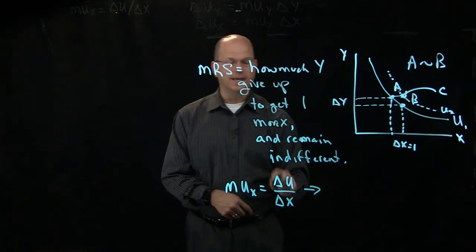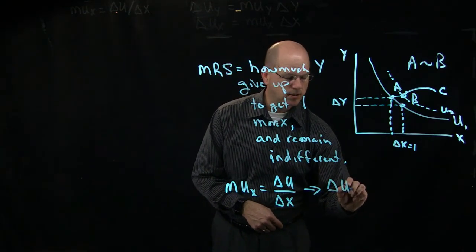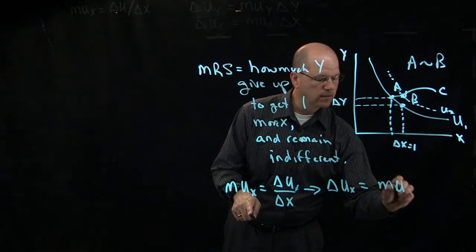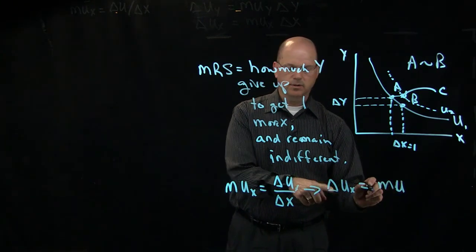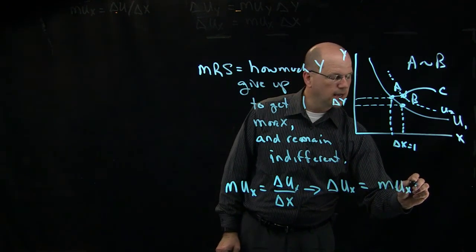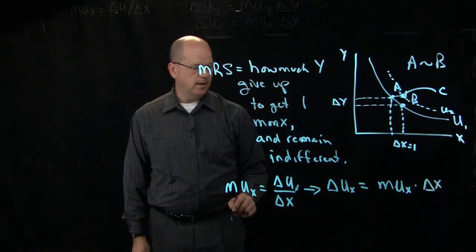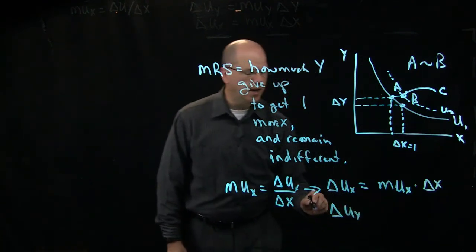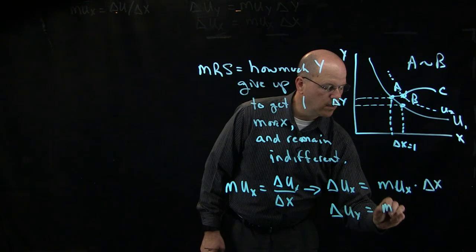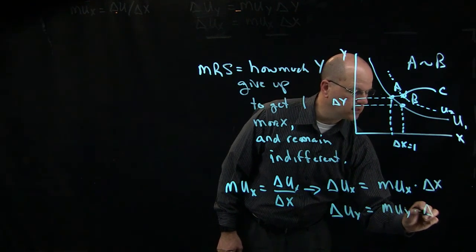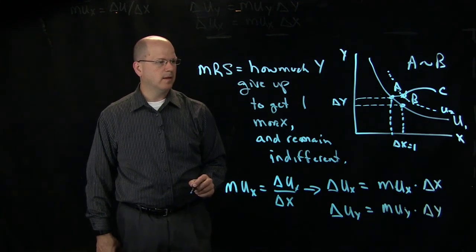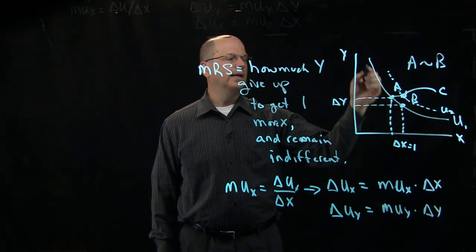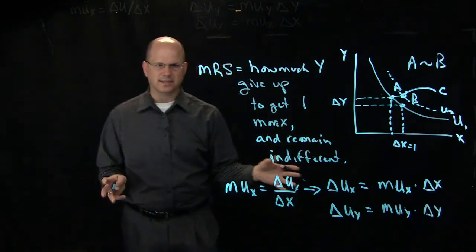Or we can rewrite this as the change in utility is equal to the marginal utility of good X times the change in X. And similarly for good Y, the change in utility from good Y is equal to the marginal utility of good Y times the change in the number of units of good Y. So we move from A to C and then from C down to B in our path to get from A to B. So we're sort of breaking this down a little bit.